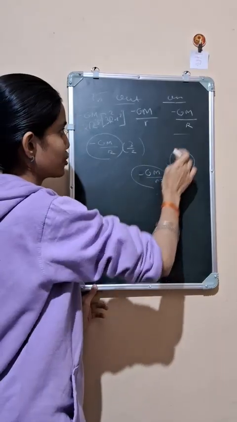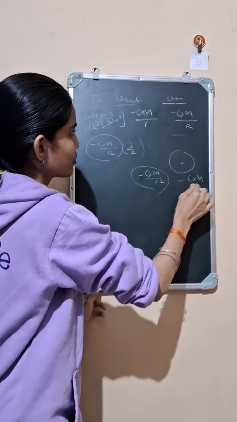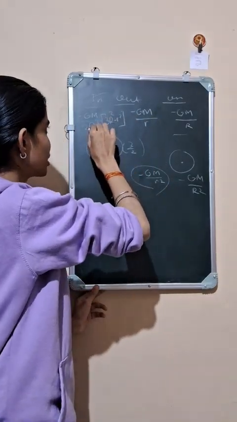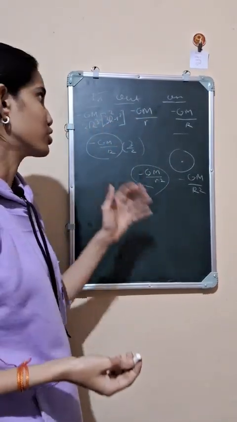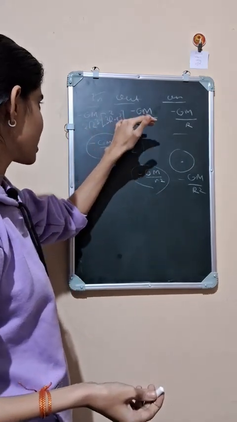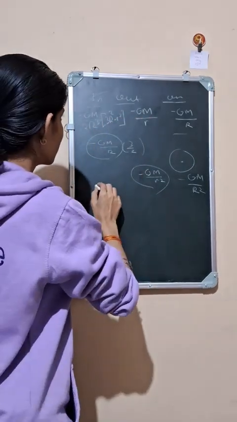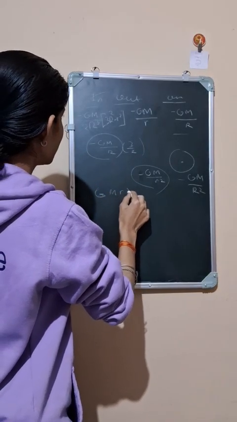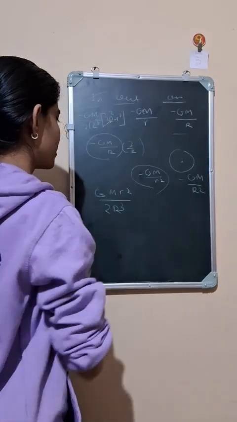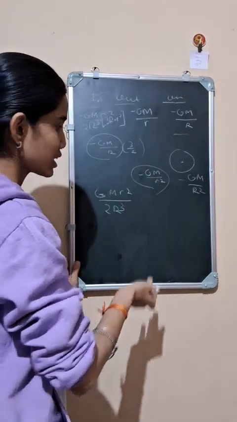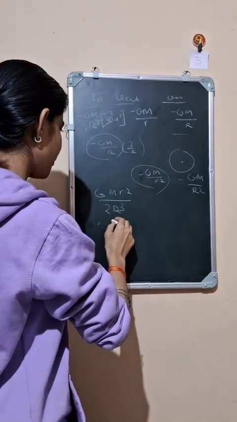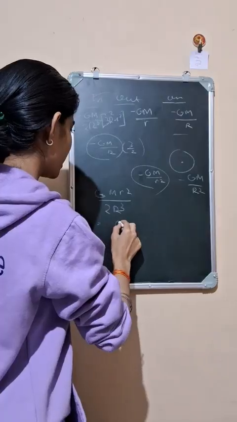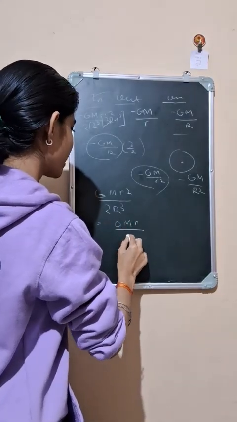And if I replace small r with capital R, potential will be this much for a point on the surface. If I multiply this thing with 3 R square, the thing will be constant for dr, and multiplying this thing with small r square, it will look something like GM r square by 2R cube. Differentiating it and taking the negative gradient of it, I will get, 2 will cancel out, and it will look something like GM r by R cube.